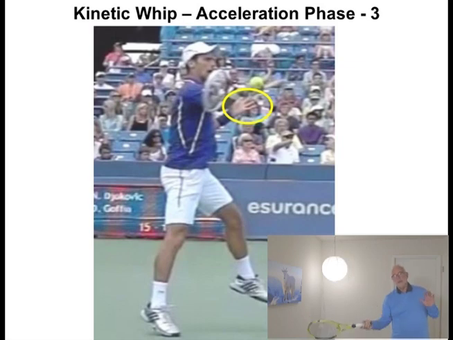But we're still moving the racket on edge in this windshield wiper form. And you can see this right at the moment of contact. Again, hand is ahead of the racket. Racket head is below and behind the hand.